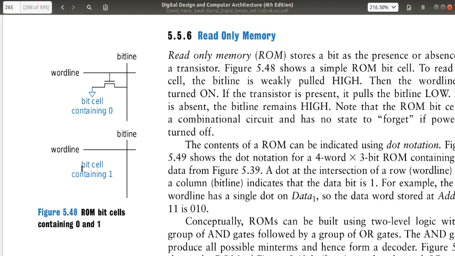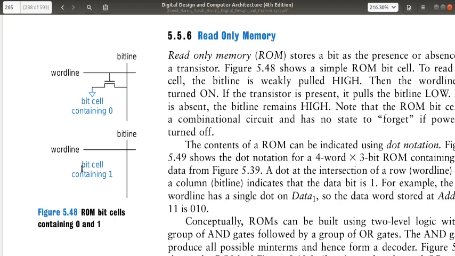The other thing is that historically, in earlier times, ROMs were not programmable. In the sense, once you write something into the ROM, that was it, and you required special hardware for writing something into the ROM.